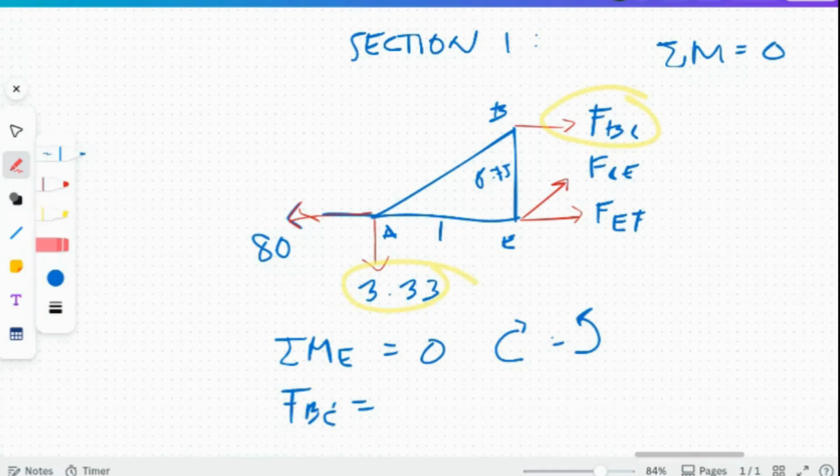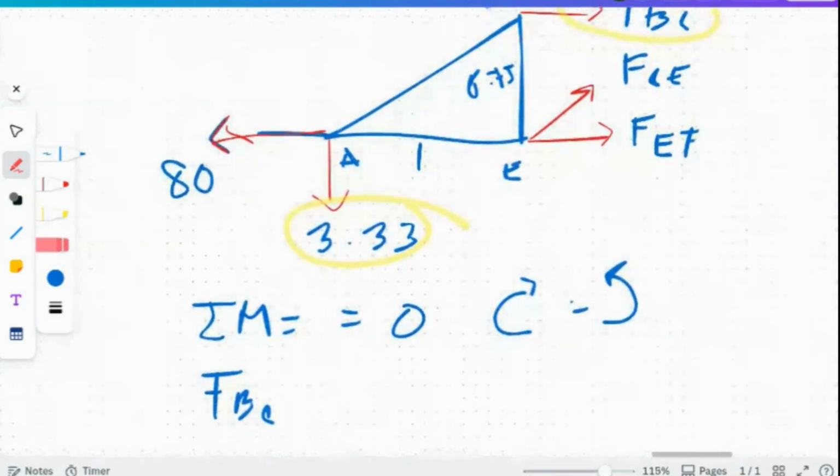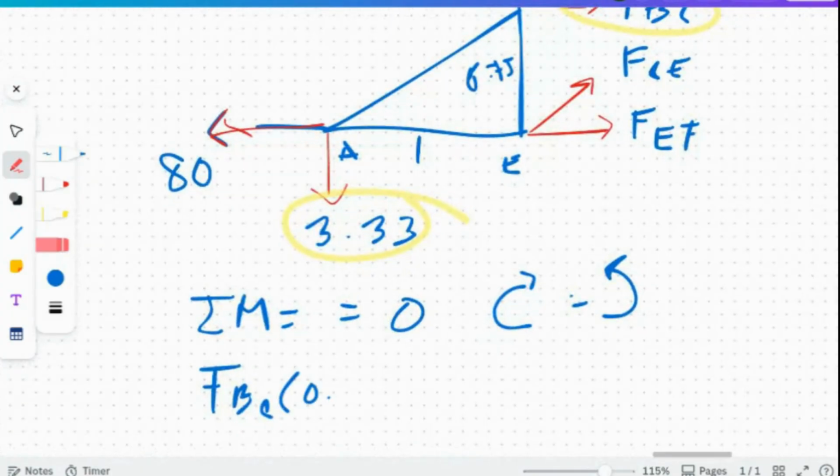Okay. Now, when you try to create that FBC, you have to have a moment arm. Forgot to write the moment arm. FBC times 0.75, right? And then 3.33 multiplied by 1.